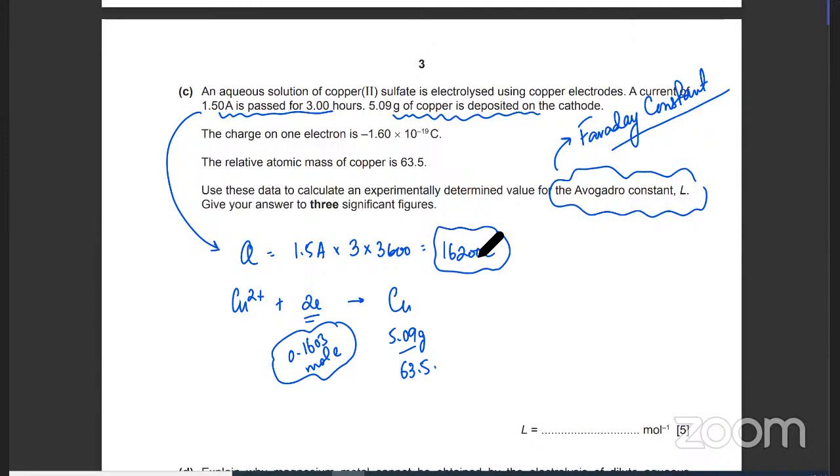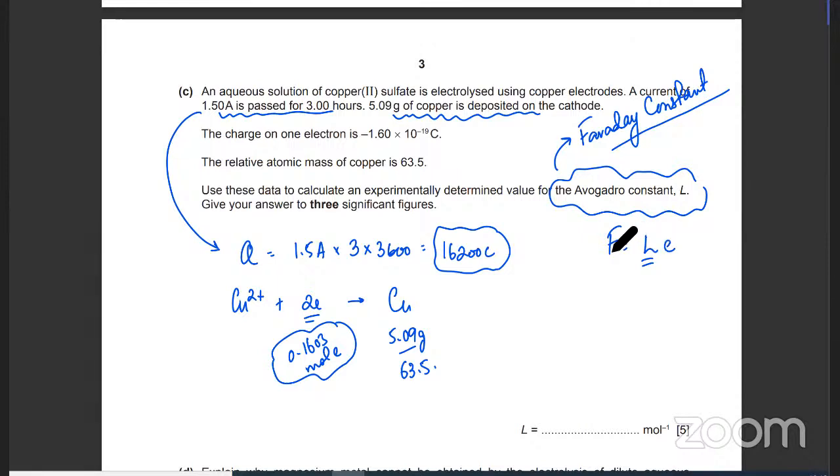I know that 1 mole of electrons is 96,500 coulombs, but it is only 96,500 coulombs if we use the Faraday constant and Avogadro's number. If I multiply the charge on 1 electron with the Avogadro's number, what is the formula of the Faraday constant? It depends on the Avogadro's constant, right? It's the charge on 1 electron multiplied by 1 mole of electrons.